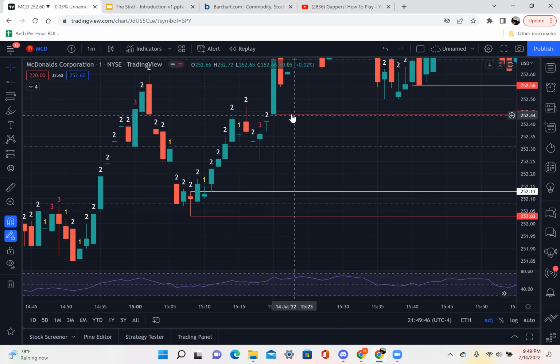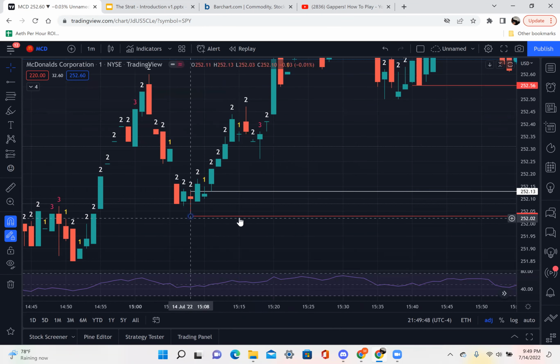Delete that stuff so it doesn't confuse you. So reversal, we entering in. Now that you see this 1, 2, this is continuation because it already reversed right here on a 2 up. We already went 2 up. It's just consolidating now. It's inside of this bar, right? Boom, you could have entered in right there too, right? Or added more contracts. That's what you do with the strat.